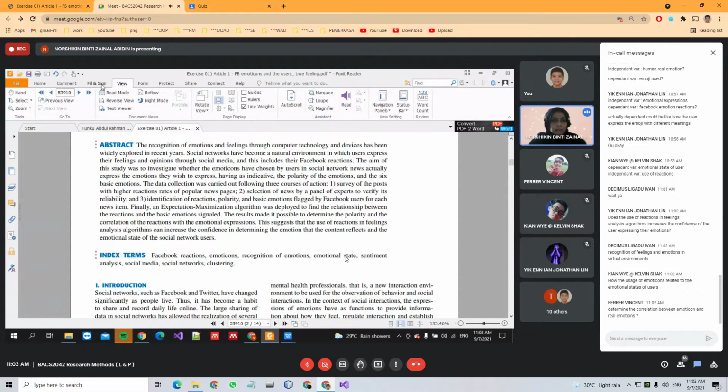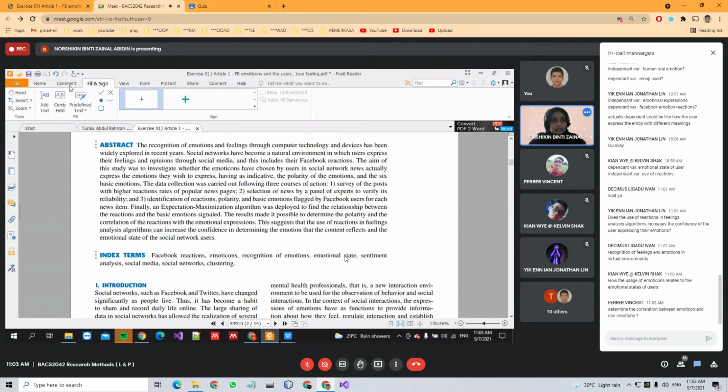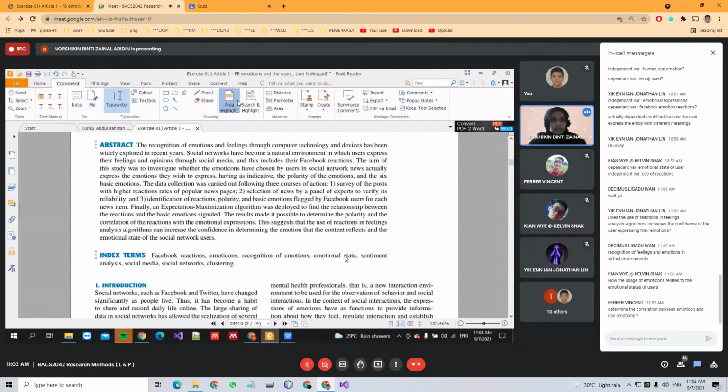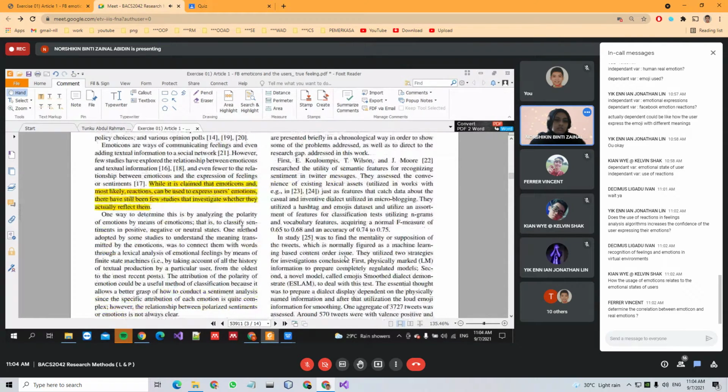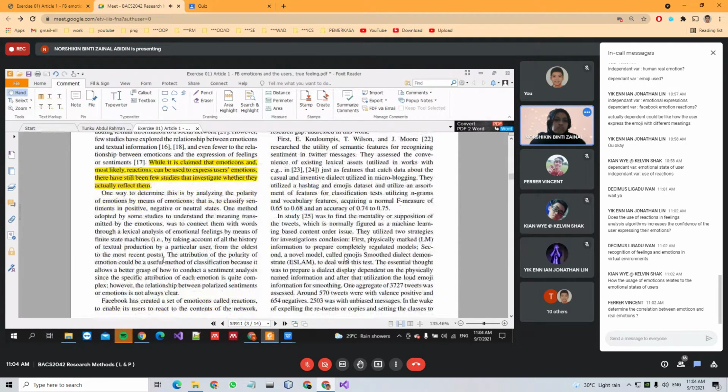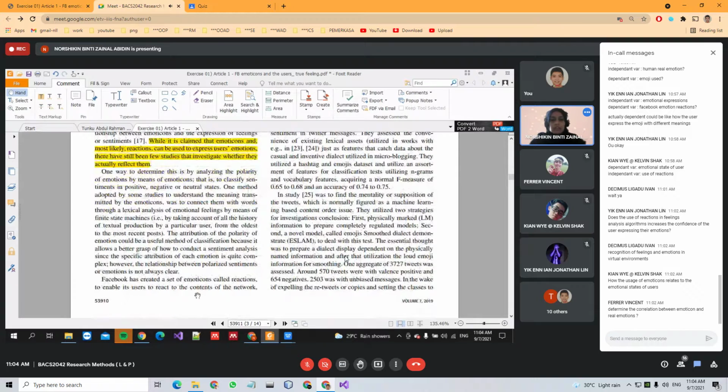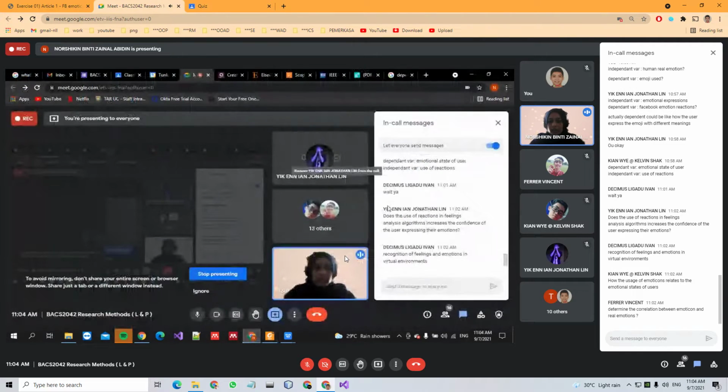But in the introduction part also, you can find that part, because here until here. That part. And then the introduction also you can find. I think I read this here in the introduction part, but that one is correct, Ian.